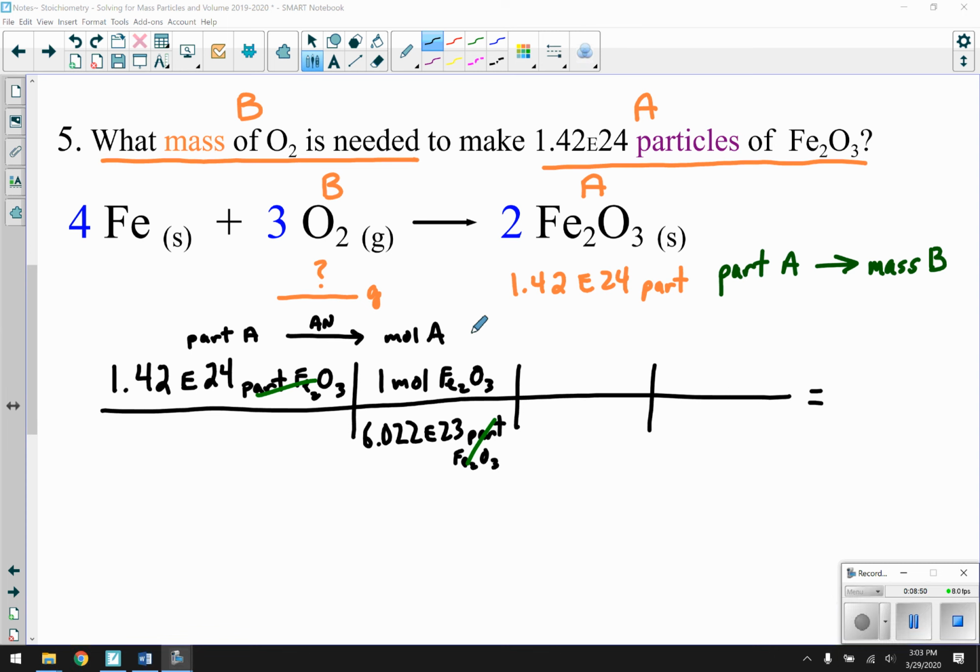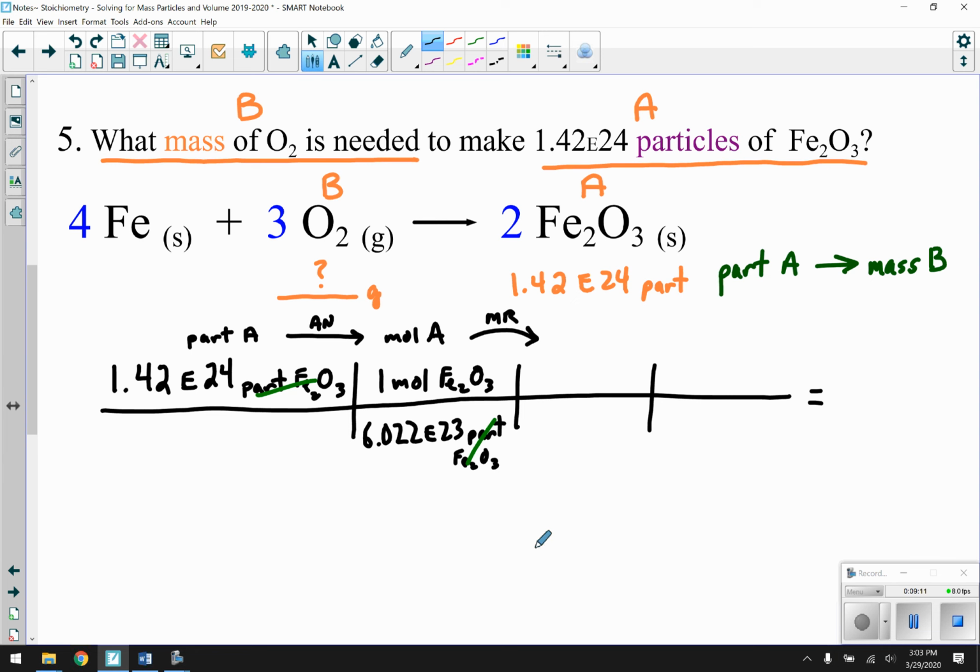Once you have moles of A, you're ready to apply that magic mole ratio, which will turn our problem from being in terms of substance A, which we already know about, into a problem in terms of substance B, which is what we want to figure out. That's why I call it the magic mole ratio.